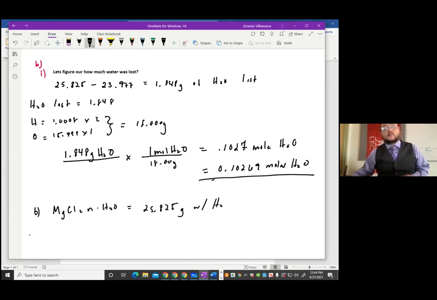So if we figured out that we lost 1.848 grams of water, MgCl2 minus H2O is going to be the 25.825 grams minus the amount of water that we lost. Right, 25.825 minus 1.848 should give us a total mass of 23.977.